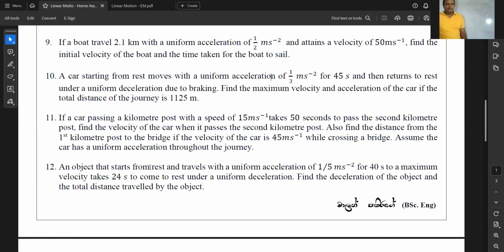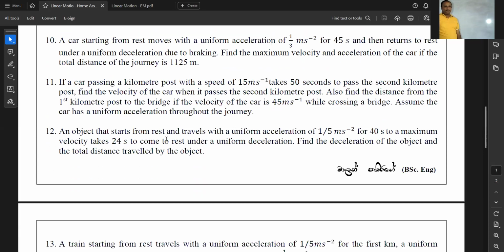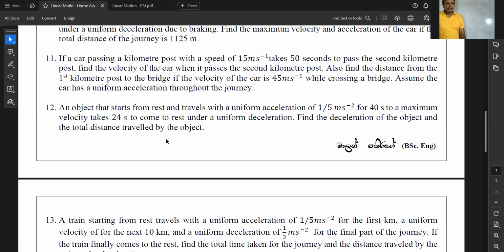Okay. Question number 12. An object starts from rest and travels with a uniform acceleration of 1 over 5 for 40 seconds to a maximum velocity.